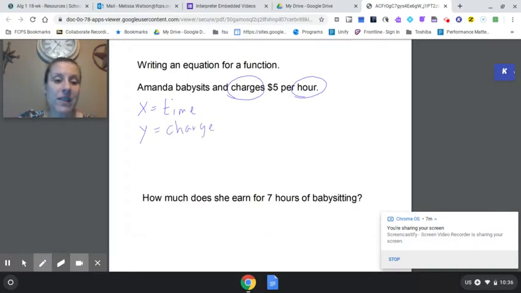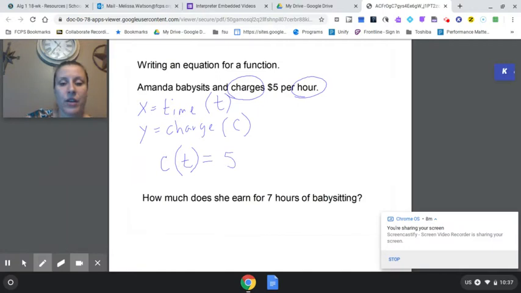Now, when we write this in function notation, it might be a good idea for us to use variables other than x and y. So let's say, for instance, we wanted to use t for time, and let's say c for charge. So we would say the charge for a particular amount of time is equal to $5 times the amount of hours spent.